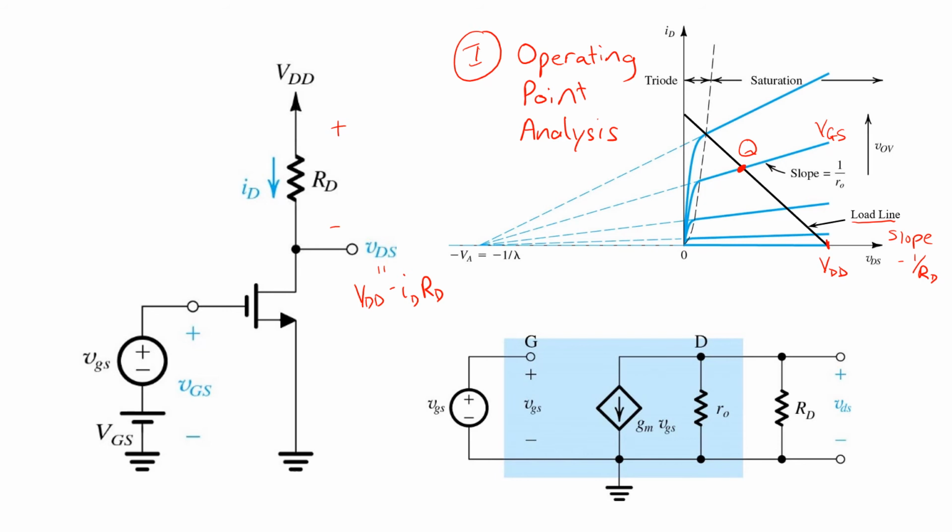So having done that, then we linearize the circuit, we calculate GM and RO in terms of the DC operating point values such as VOV, uppercase ID, and so on. And then we perform the small signal analysis.